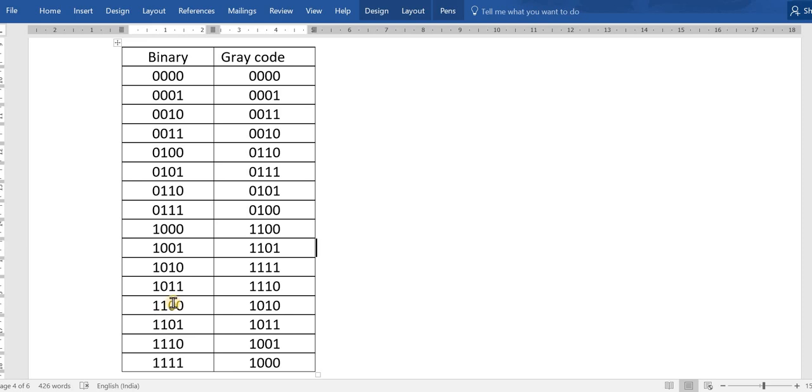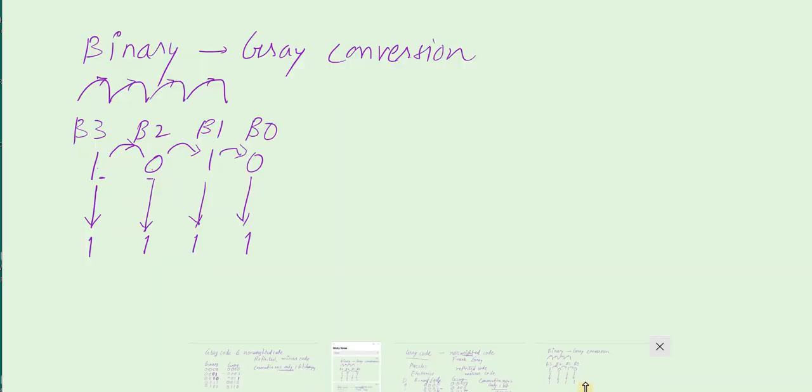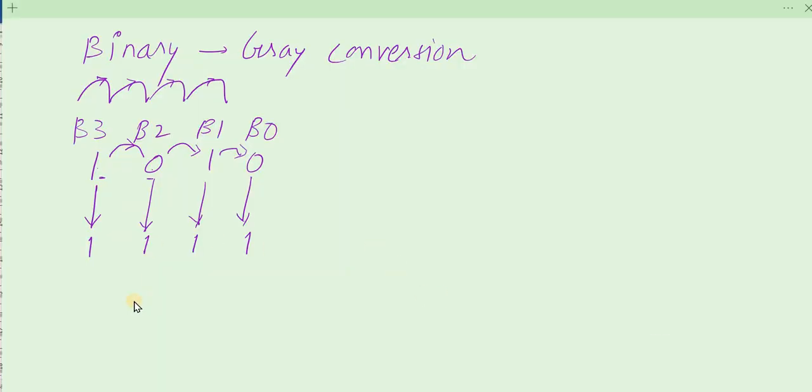Let's check it. You can observe here that 1010 becomes 1111. From this we understand the procedure. Here the number is G3, G2, G1 and G0.